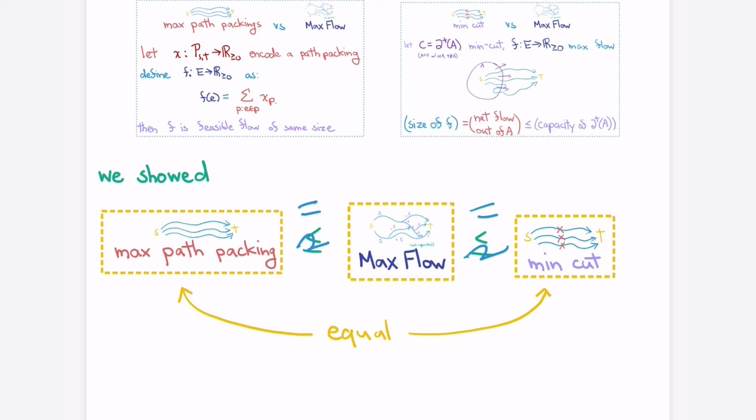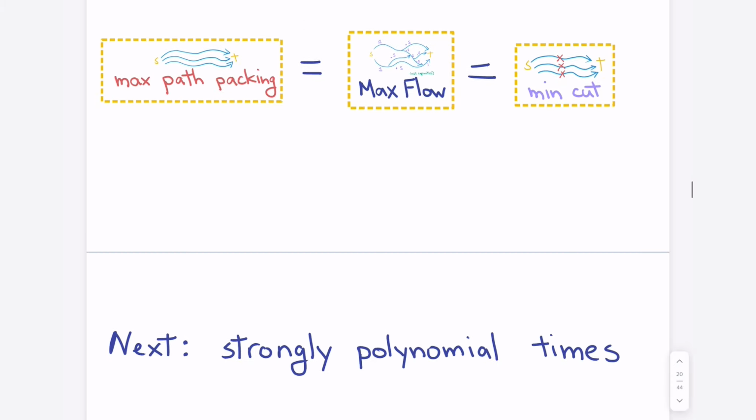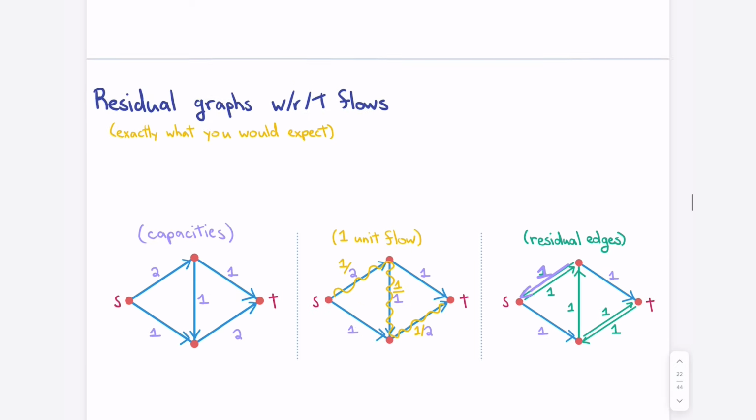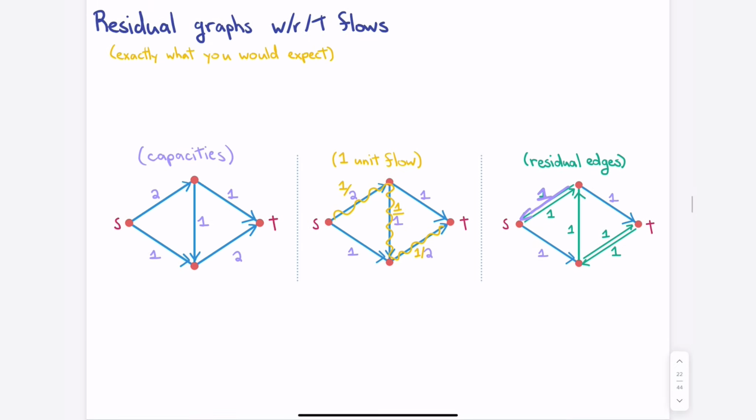Okay, so with that, we shift focus to this max flow problem. And we try to get some strongly polynomial running times. Okay. So we can sort of work by analogy from our Ford-Fulkerson path packing algorithm, where I can have a residual graph where, instead of thinking about reversing edges if I'm routing one unit of flow, I can add one unit of capacity in the opposite direction.